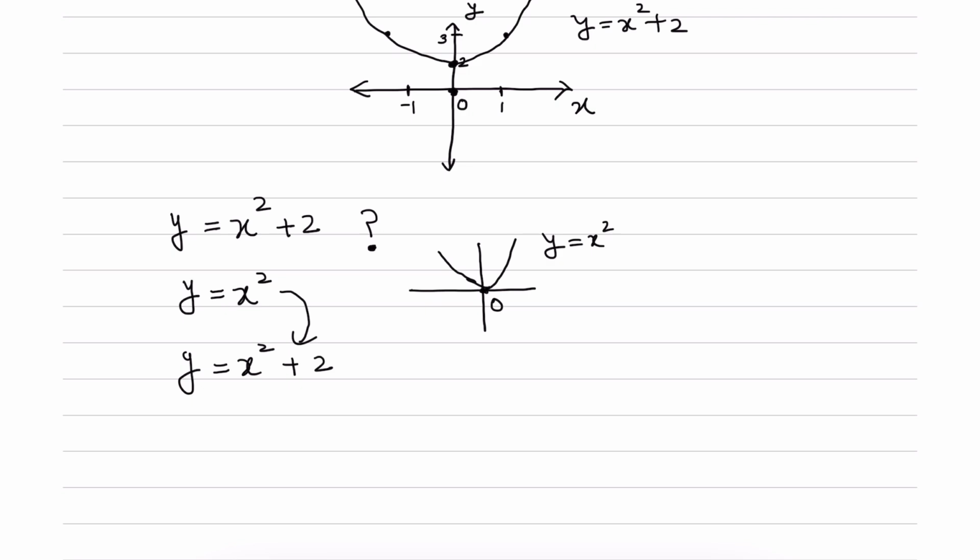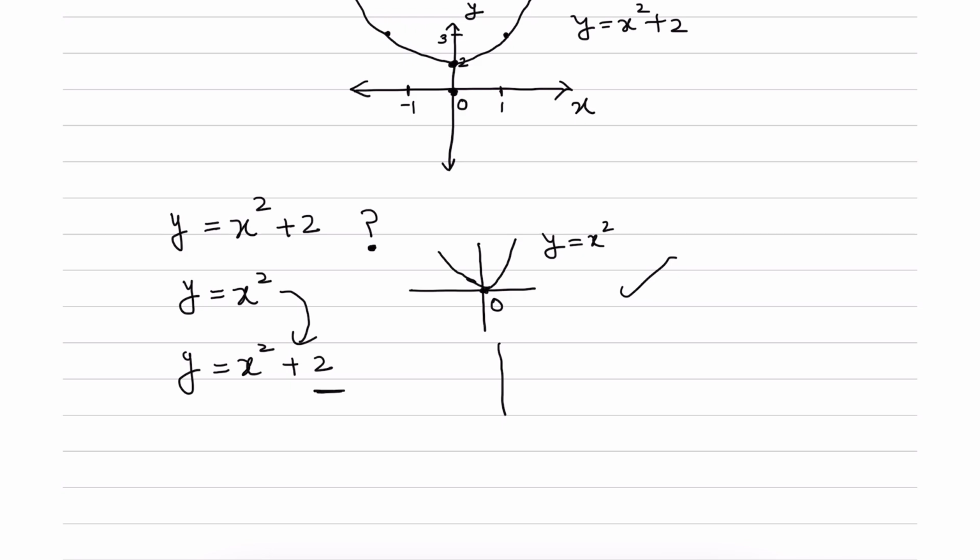On the right hand side, on x square, we are adding 2. So what we are saying is, on the right hand side in the function f of x, if you add a number, then this graph is shifted 2 units upwards.